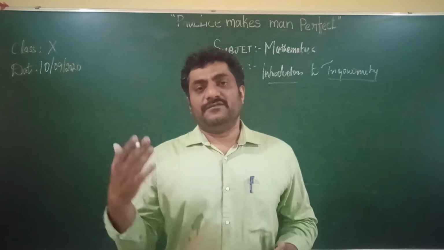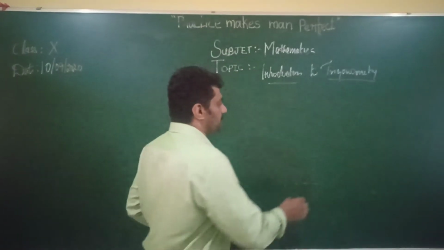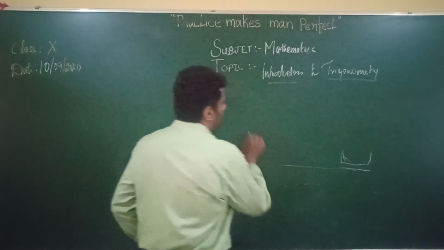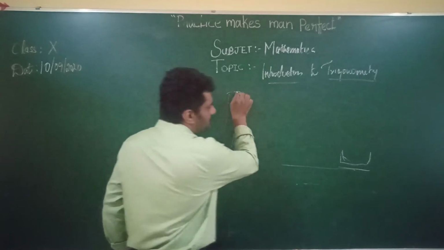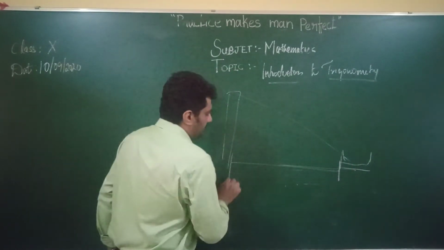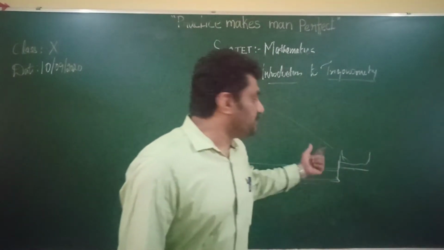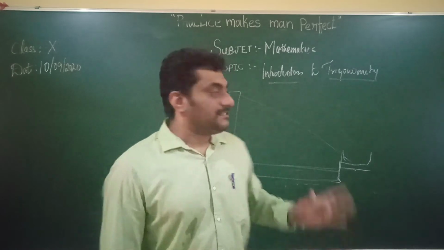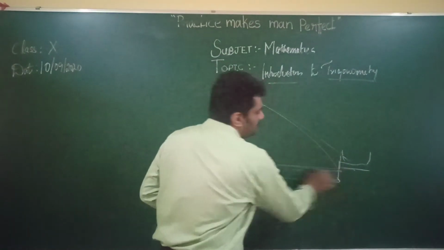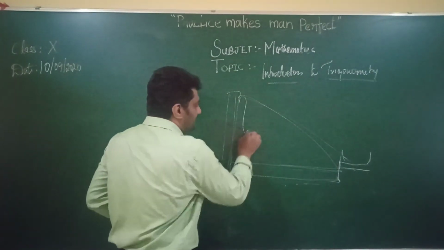If the person there has to find the distance of a ship that is coming, he cannot use a measuring tape, correct? So there's a concept of making a right angle triangle, and based on the right angle triangle, they get this measurement.